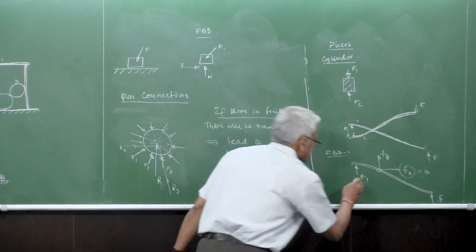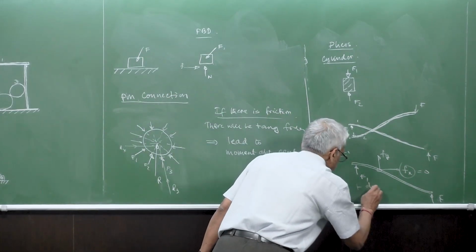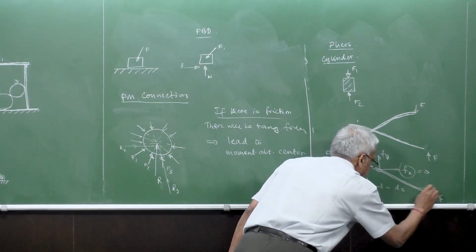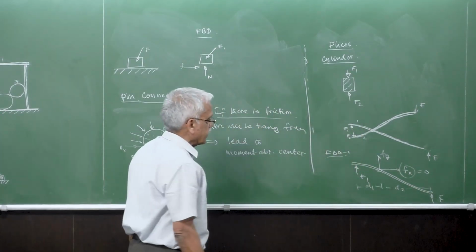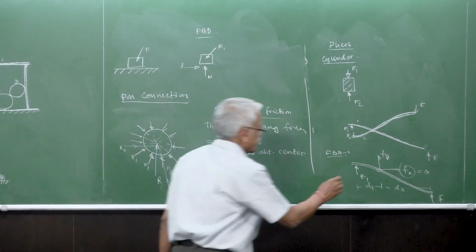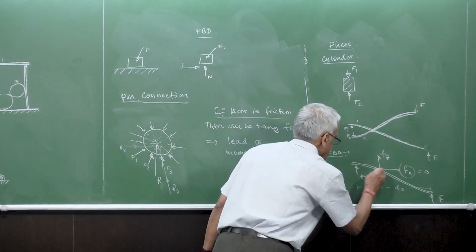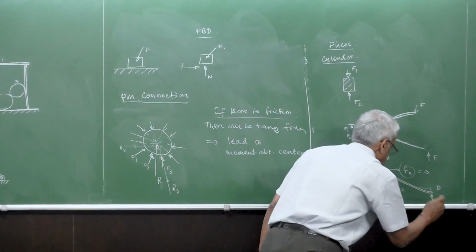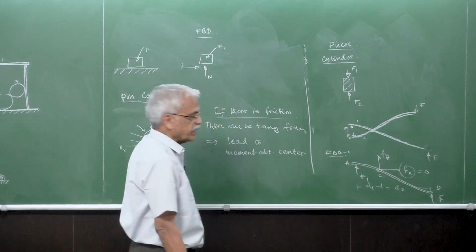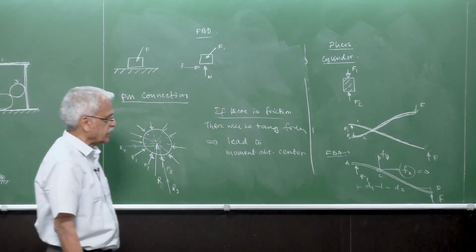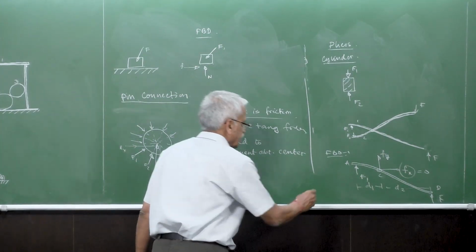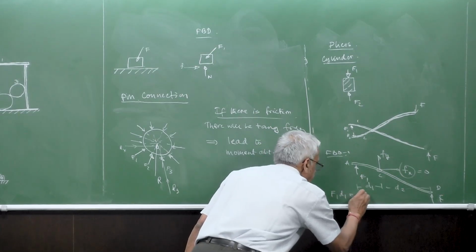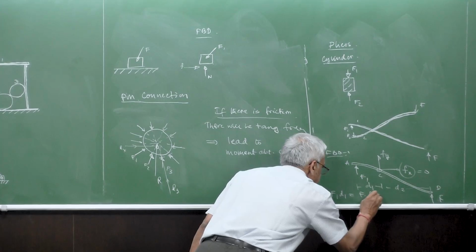Suppose this distance is d1 and this is d2. You can very easily see that if you take the moment about C, with points A, C and D, then F1 d1 is equal to F d2.